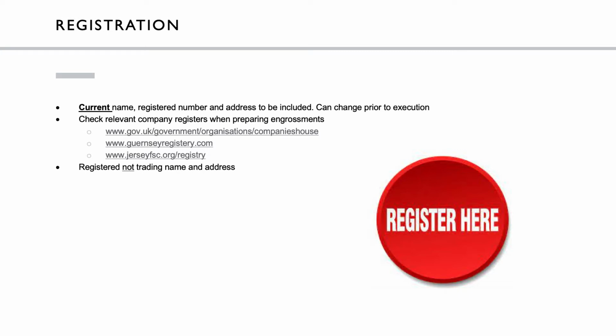The last point under the easy wins that I'd like to talk about before handing back to Sarah is as regards execution and the importance of giving good consideration to non-English or Welsh companies and establishing early on how parties prefer to execute.